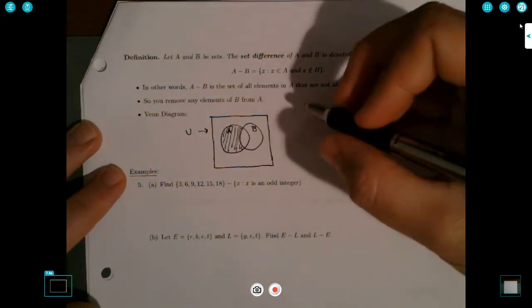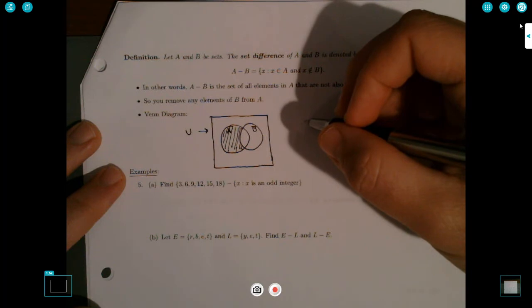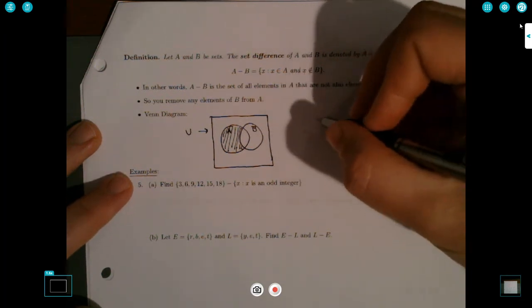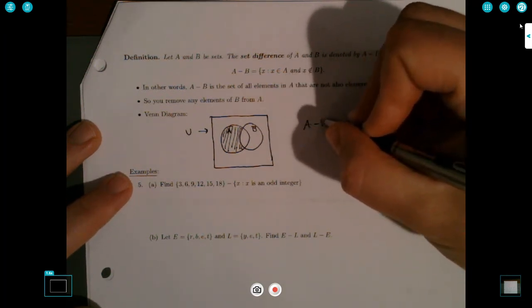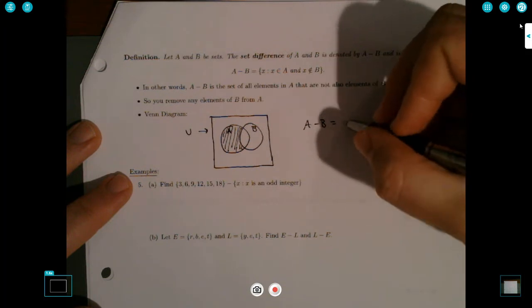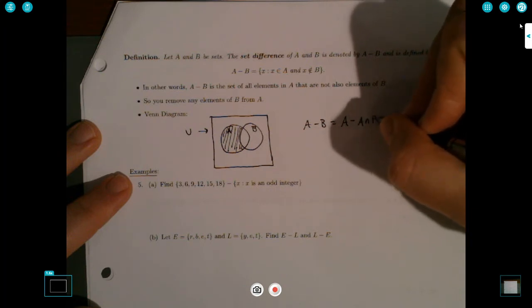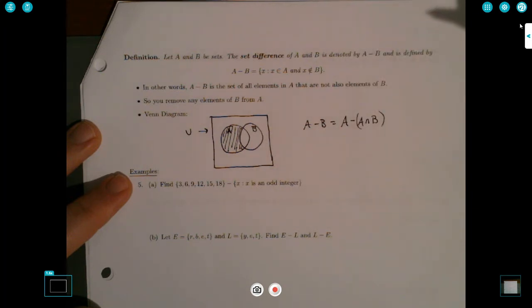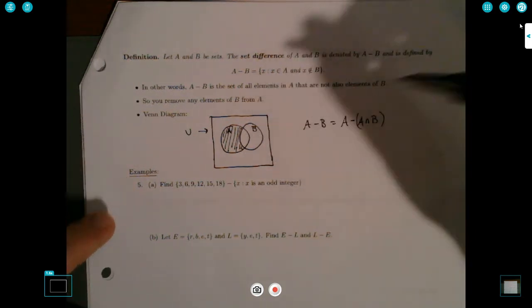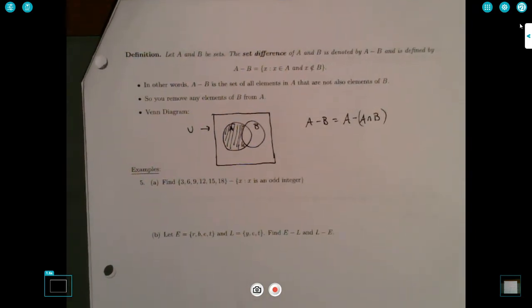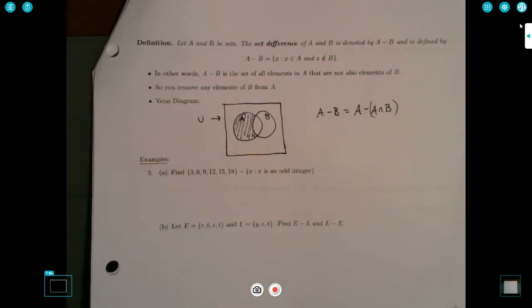And you can kind of see that A minus B is the same thing as A minus A intersect B. You could kind of think of it like that. Anyway, that's kind of interesting. Venn diagrams are nice tools to help us sort of wrap our brains around stuff.